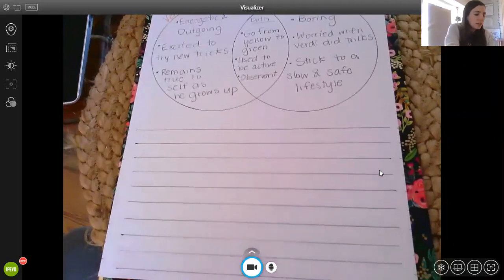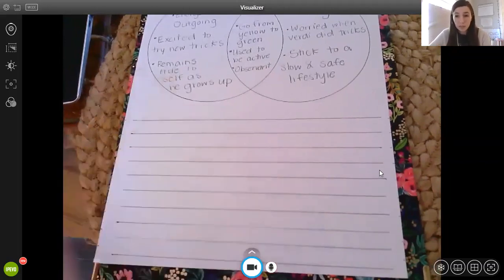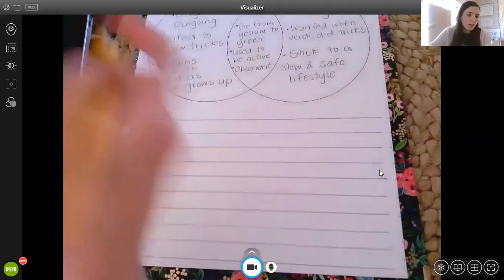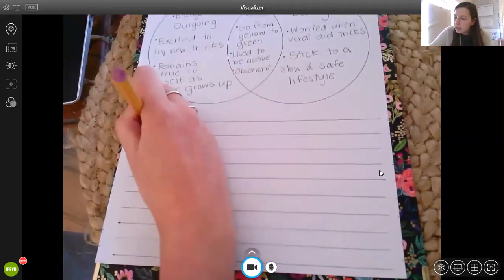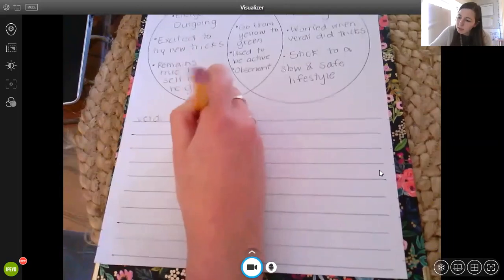Okay, so the first sentence I want to include is just one that states whether I'm talking about similarities or differences. Okay, so I'm going to start with Verdi is different, since we're talking about the differences.